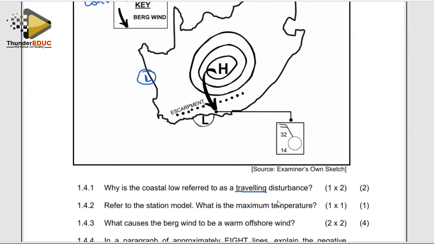It is regarded as a traveling disturbance because these coastal lows move along the coast. It's there, then the same coastal low moves, and now it's here. It moves again, now it's there. They move, that's the attendant of the coastal low. They form from the western coast here.